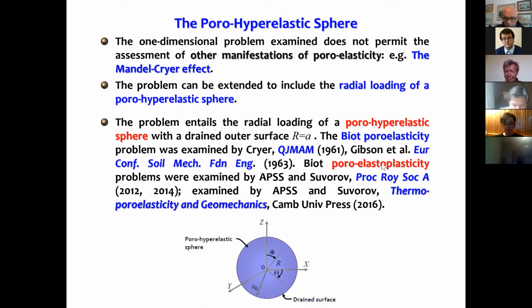And the poro-hyperelasticity problem was examined by myself and Alexei Suvorov, and the poro-elastoplasticity problem was also examined. So no hyperelasticity there, but elastoplastic there. That means there's a yield function there, as well as fluid migration in the system.